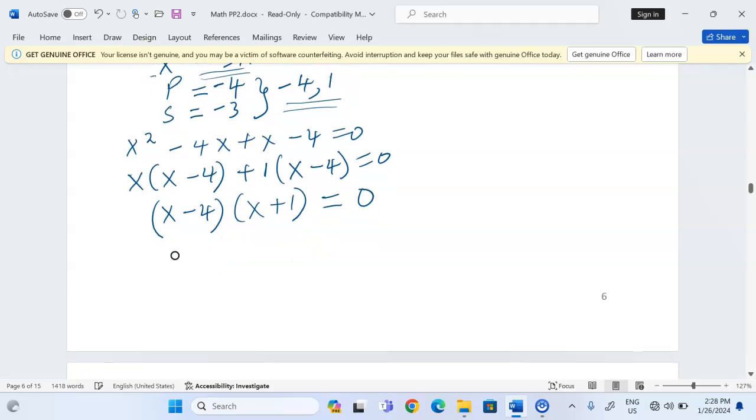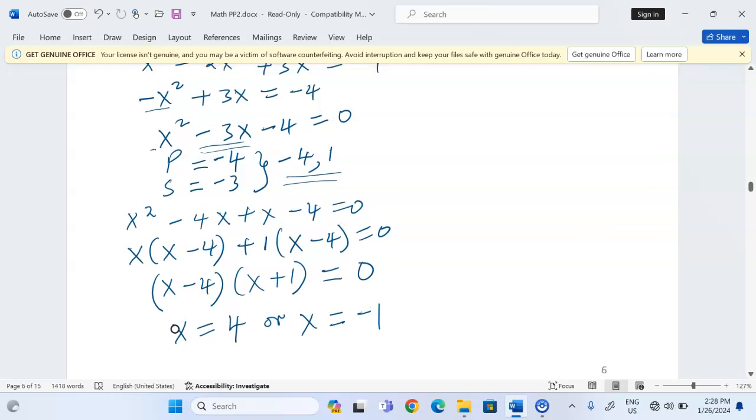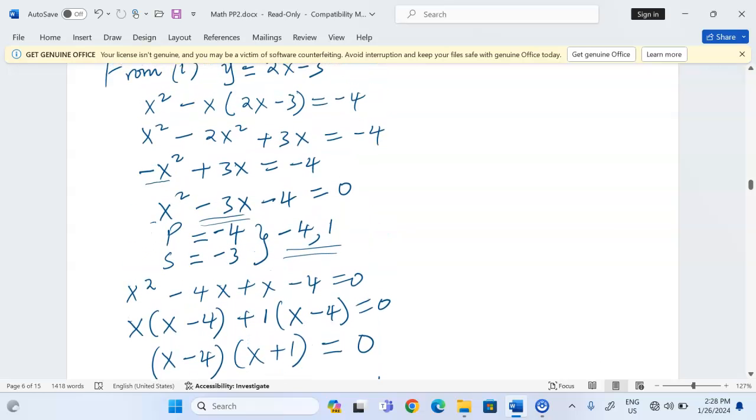When each factor is equated to 0 separately, the first one will give us x as 4, and in the next case, we'll have x as a negative 1. Therefore, the value of x can either be negative 1 or positive 4. x equals negative 1 or x equals positive 4.